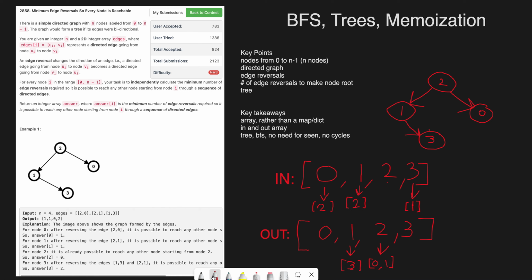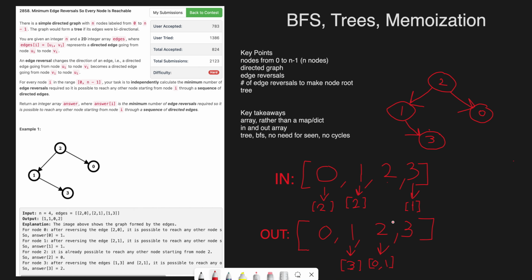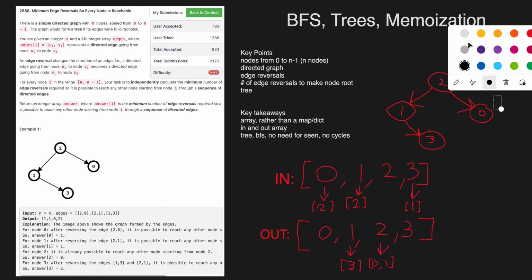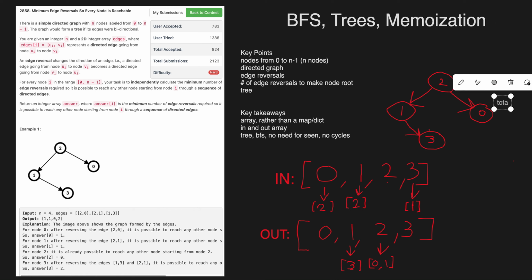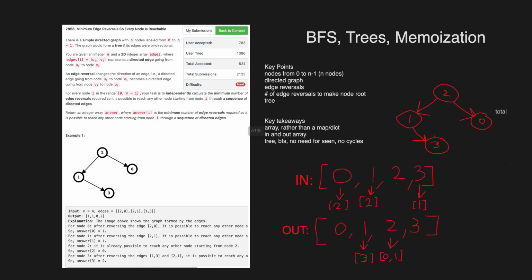And the way to go about this problem is to iterate through every node, so from 0 to n, and keep a total for each node in a recursive solution. Now, how does this total change?